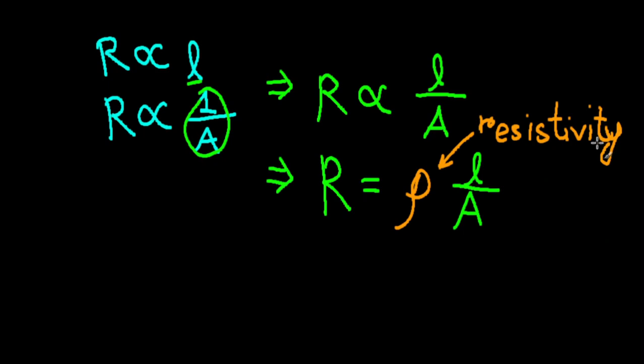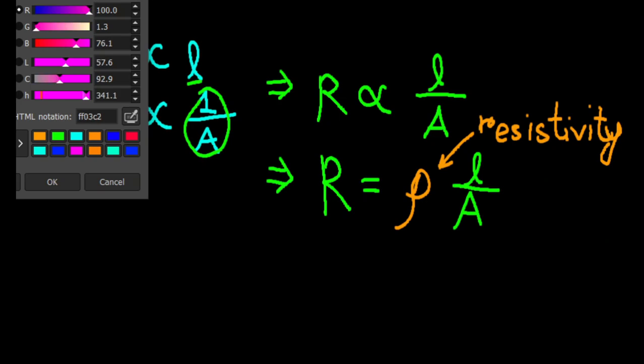Right. So you might say, okay, we gave it a symbol, a fancy Greek letter, and we gave it a name. But what's interesting about it? What's the point of it? Well, resistivity is actually really interesting, and let me explain why.